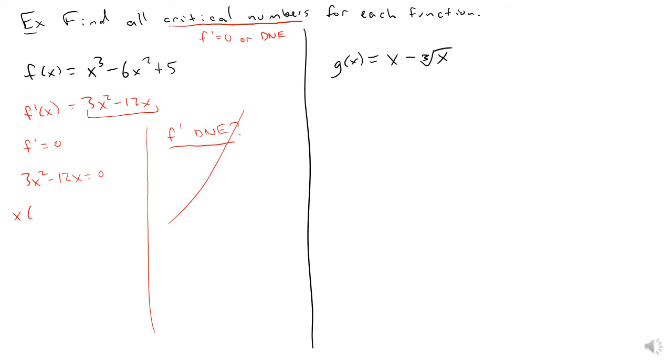Factoring an x out, 3x minus 12 times x equals 0. So then one of these two factors must be 0. So either x equals 0 or 3x minus 12 is 0, which gives us x equals 4.